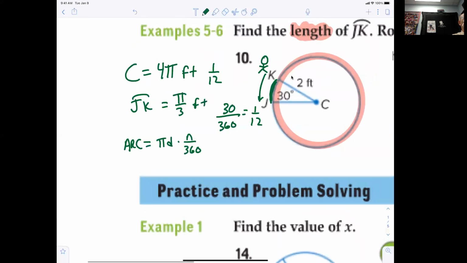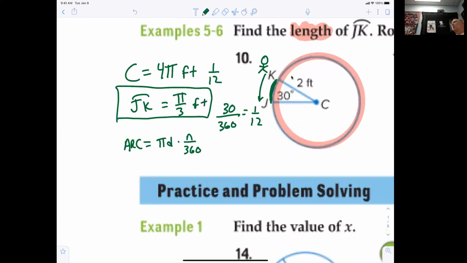Now I would like somebody to tell me what pi over 3 is approximately. How many feet is that? I'm always surprised, if I say pi over 3, kids are like, I have no idea what that is. Pi is about what? 3.14.